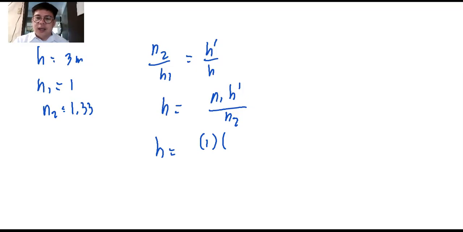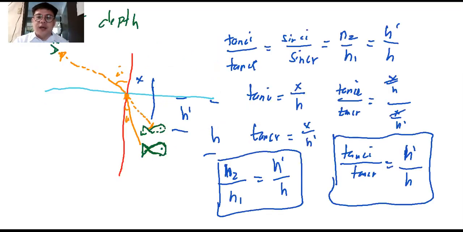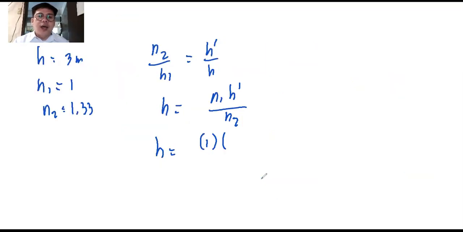Let's see. N2 over N1 is H prime over H. So siya ay ginbaal sa iluhon dya sa iluhon to sa babaw. Yes, sir. Sakto? Yes, sir. Sakto gid man? Yes, sir.